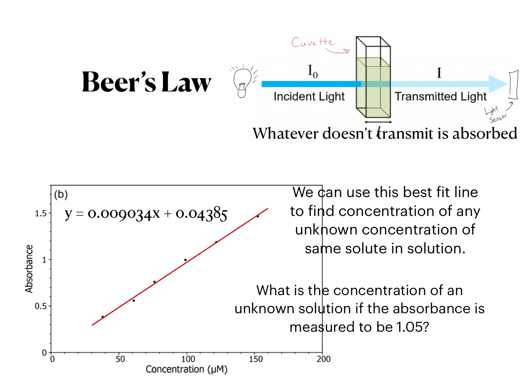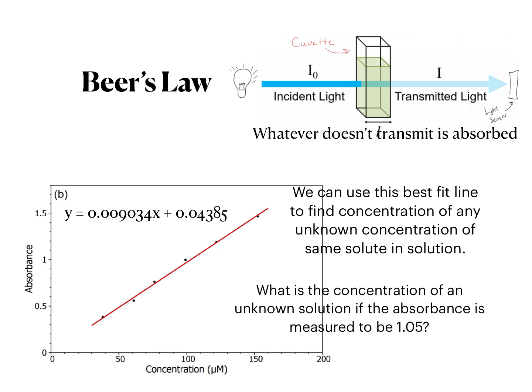Let's say the absorbance of this substance is 1.05. It is an unknown, but we know its absorbance is 1.05. So we go up to just past, maybe this is 1.05, and you go across and down, and you can figure out the concentration. Or you could literally stick this into the equation and solve for x.